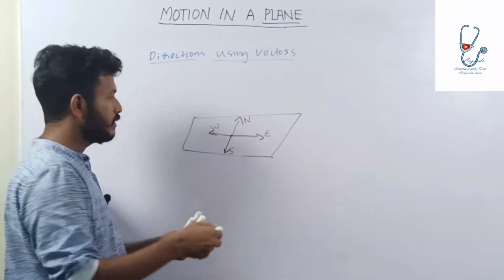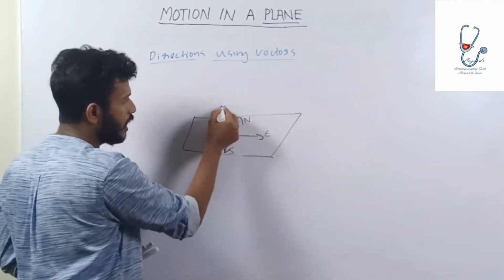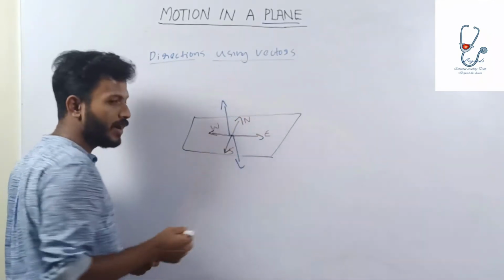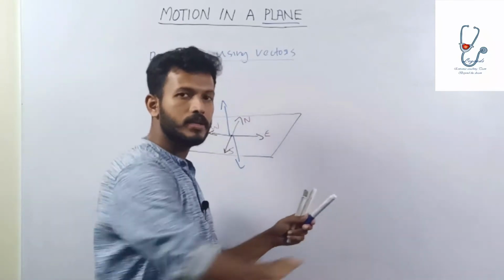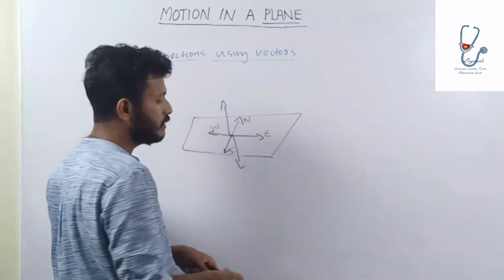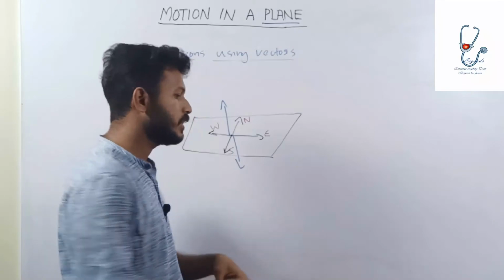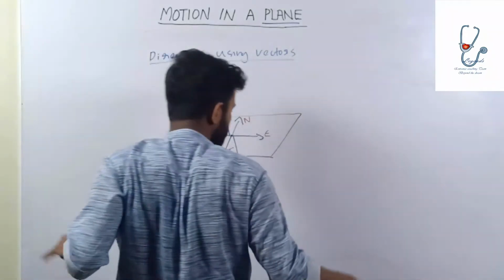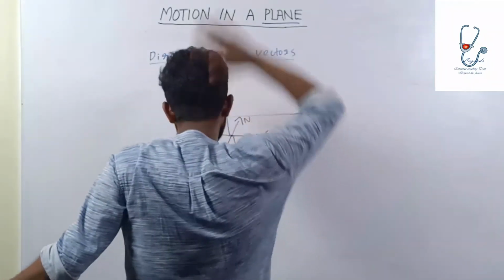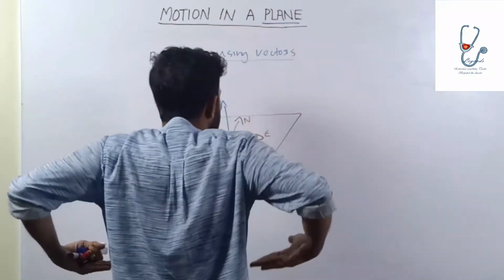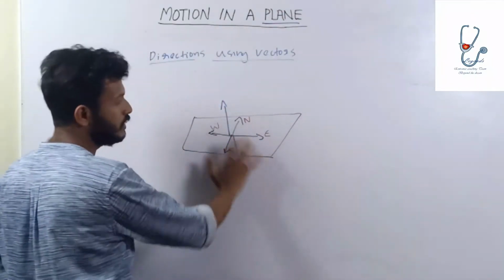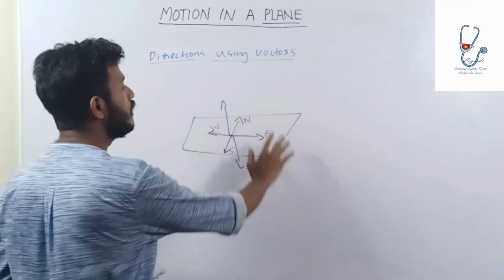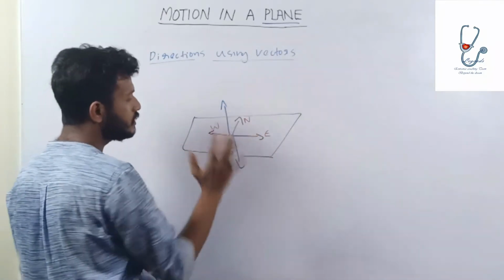And there are another 2 directions, upward and downward. What does it mean? This is north, this is south, this is east, and this is west, and my head is in the upward direction and my leg is in the downward direction. These are 6 directions.